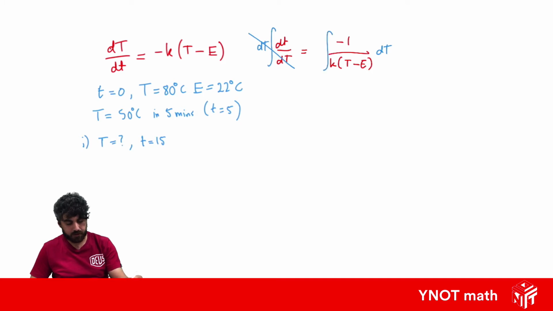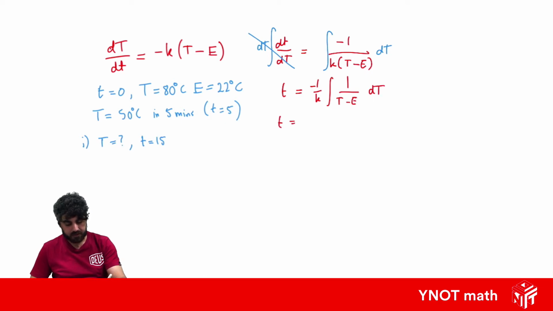The integral of dt is just going to be t. And over here, let's take out the negative 1 on k, and we're left with 1 over T minus E dT.